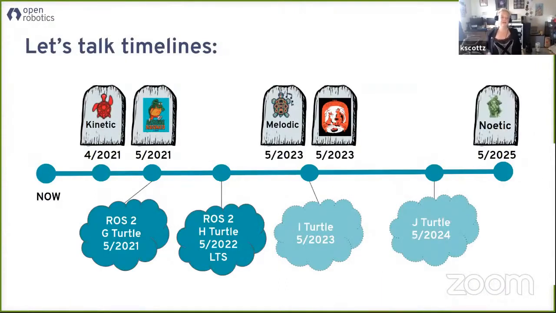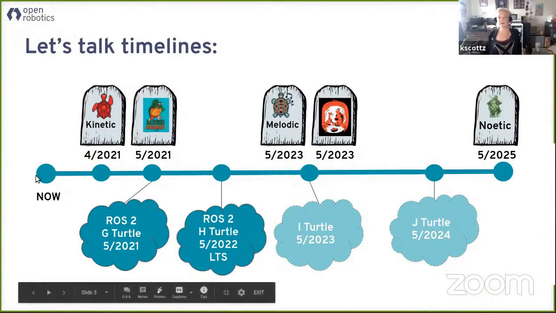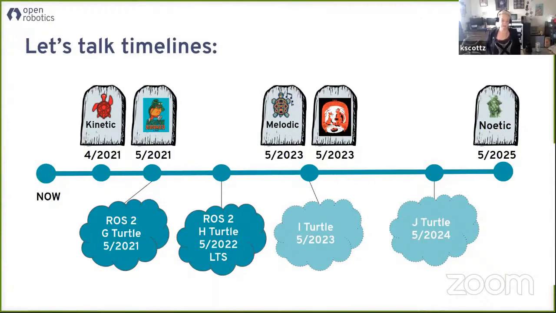So let's get started. Let's talk about ROS timelines here. Right on the left here is now, and actually yesterday we pushed the last Eloquent release, and so Eloquent is officially done. ROS2 Eloquent is no longer officially supported. If we look a little bit on the right, there's a tombstone.